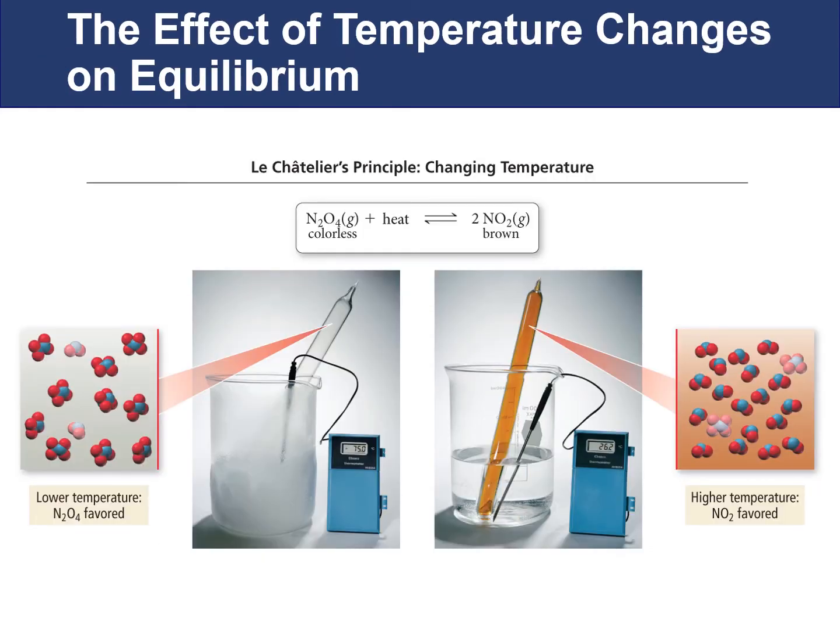So, applying this to our previous example of the N2O4 being a colorless gas, if we heat this up, it ends up forming this NO2. This NO2 that we see here in our vessel, this part of our reaction, is actually the component in smog that makes it dark brown.